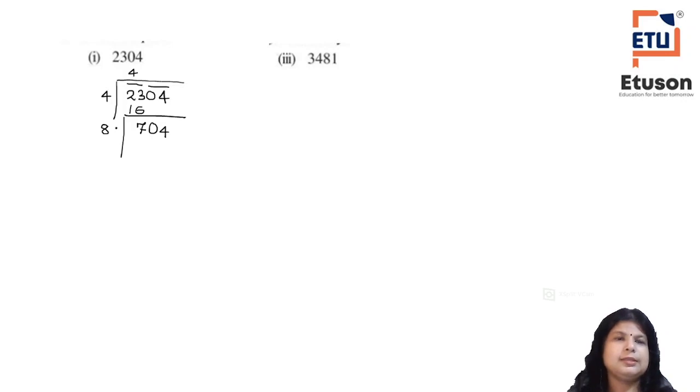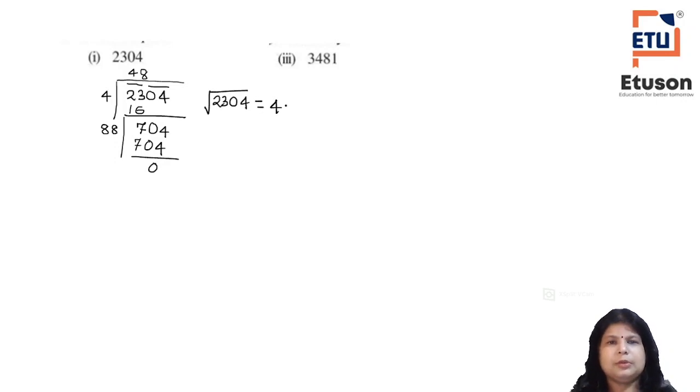In this case you can take 8, right? If you write 8, you have to write 8 in the quotient part also. 88 into 8 is equal to 704. So your remainder is now 0. You have obtained the square root of 2304, which is equal to 48. Correct? So this is your bit 1.